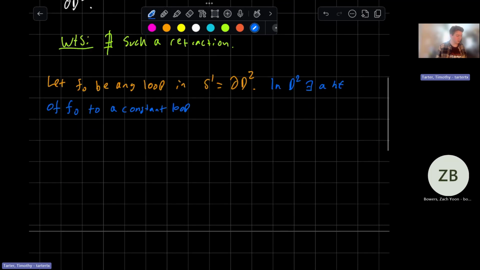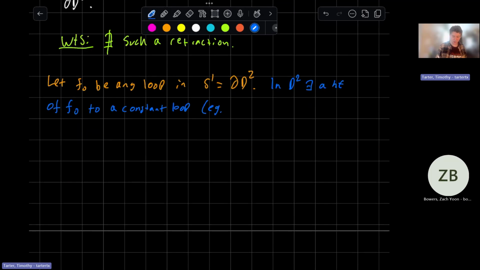We could accomplish this with the linear homotopy, e.g. the straight line homotopy, where x naught is the base point of f naught.